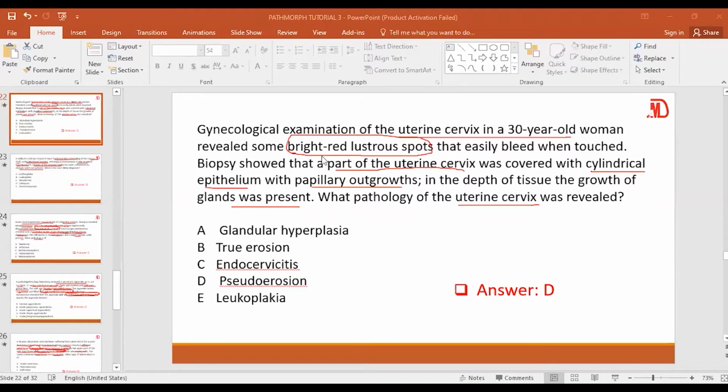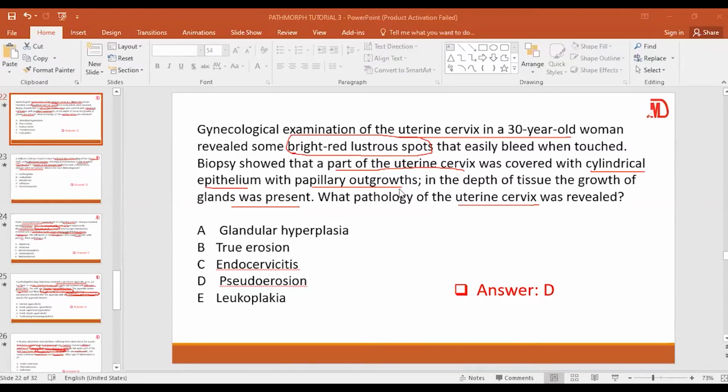Now let's look at our question. A gynecological examination of the uterine cervix of a 30-year-old woman revealed some bright red lustrous spots that easily bleed when touched. Biopsy showed that a part of the cervix was covered with cylindrical epithelium, and we know that we're not supposed to have cylindrical epithelium at these places, but we are having it with papillary outgrowth.